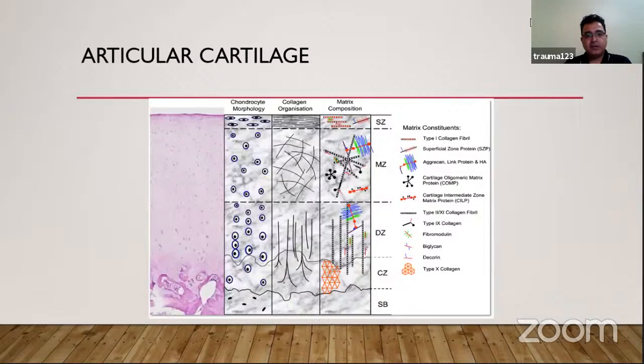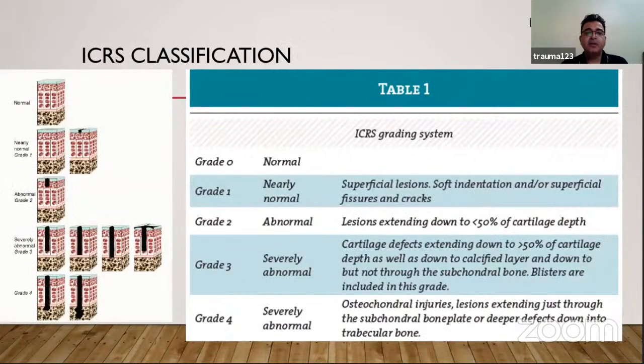We know articular cartilage is a complex structure composed of different layers from the superficial zone to the calcified zone, and it has a very precarious blood supply. That's why the healing potential is very less. ICRS has classified it into 4 types. Grade 1 and 2 have lesions which extend less than 50% of the cartilage depth, and grade 3 and 4 are those in which the cartilage damage is more than 50%.